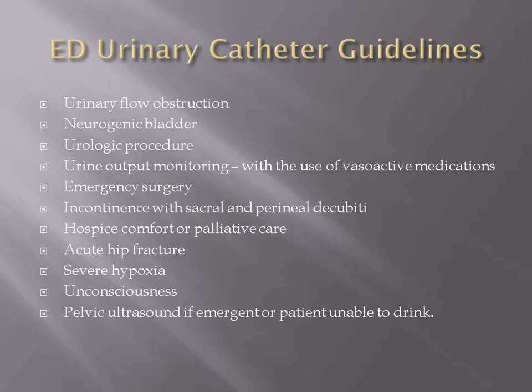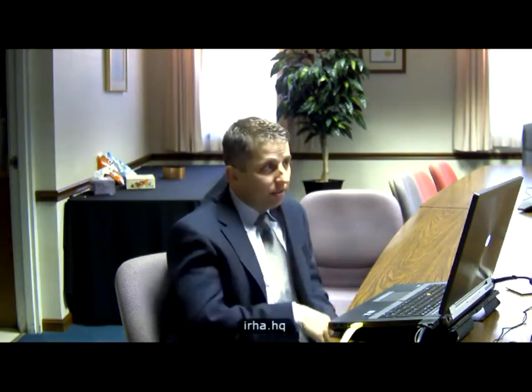Those that are going to emergent surgery, certain patients with decubitus ulcers may need the catheter to prevent the urine from getting into the wounds. Hospice or palliative care is an indication. Those patients that have a hip fracture and can't get up to go to the bathroom may need one, as well as those patients who have severe hypoxia. Unconsciousness is an indication, as well as if an emergent pelvic ultrasound is needed, if you need to drain the bladder, that may be an indication for the urinary catheter.